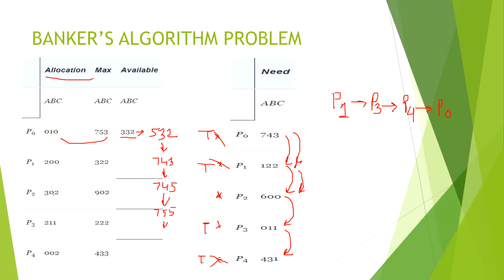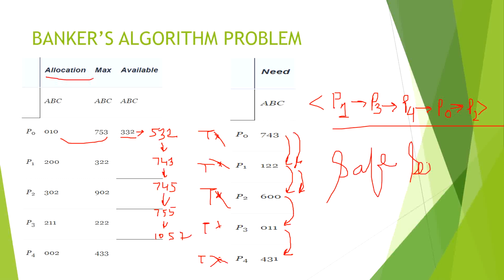So 600's allocation part, which means 302, will be added to 755, which means 10, 5 and 7, and this process 2 will be made as true. Okay, and it has also been added to the safe sequence. Now this sequence that we are getting is called the safe sequence.